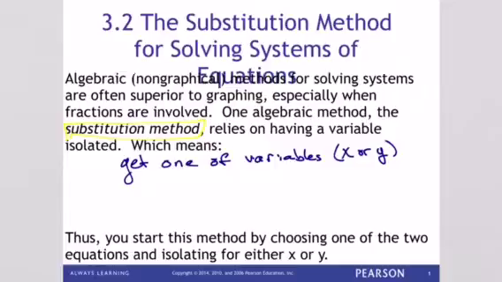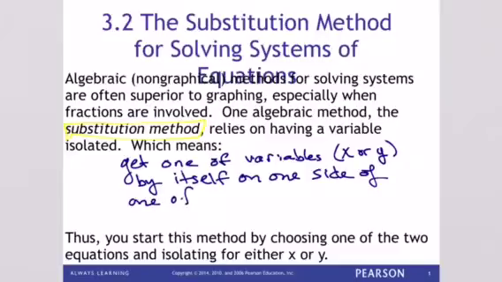Get one of the variables by itself on one side of one of the equations, because you remember now we have two equations. So that's what substitution is based on: you're isolating a variable, x or y, on one side of the equation by itself.